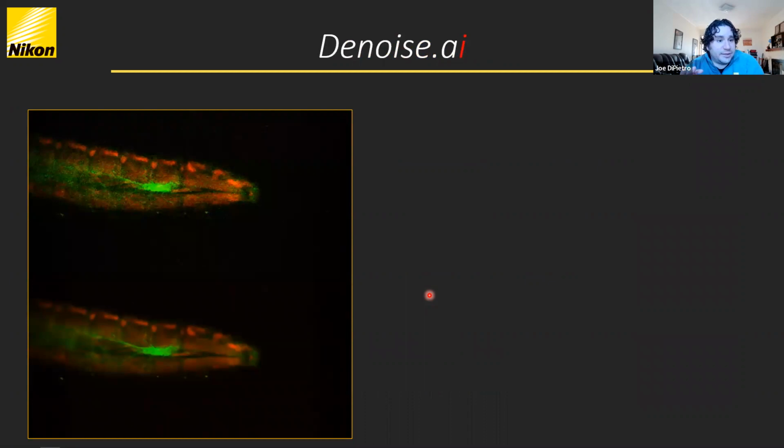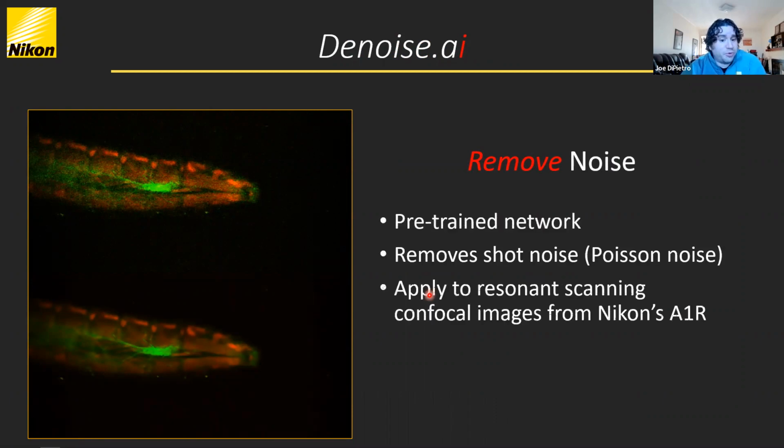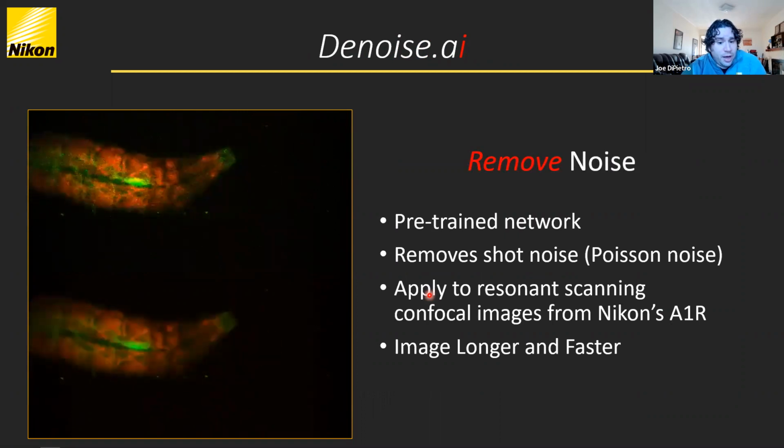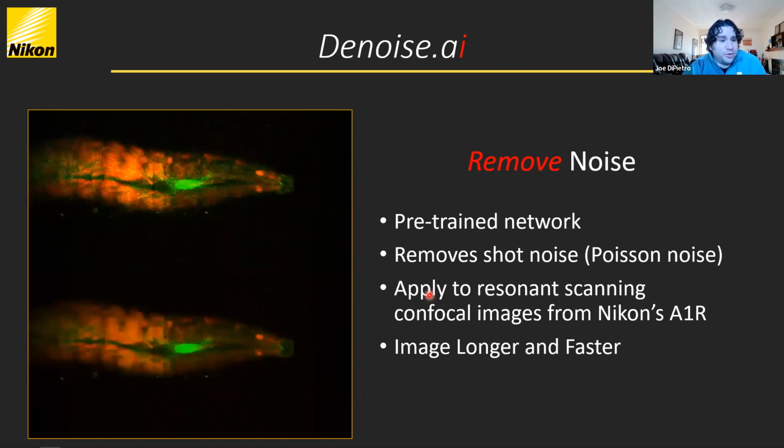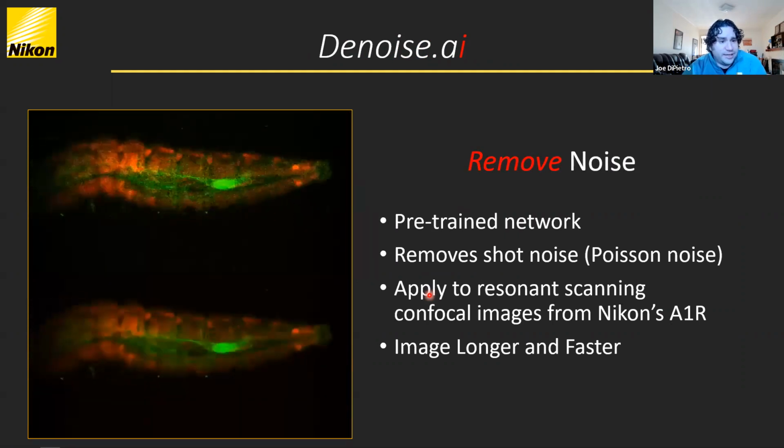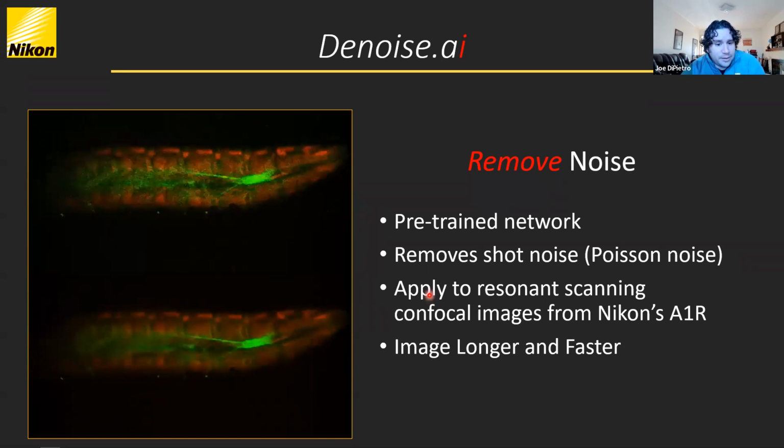One of them is called Denoise AI. This one essentially removes the shot noise in an image. Originally, it was for our resonance scanning confocals, but now it's more widely applicable, even to the shot noise in cameras, for example. It's pre-trained on the distribution that noise is in a typical sample.